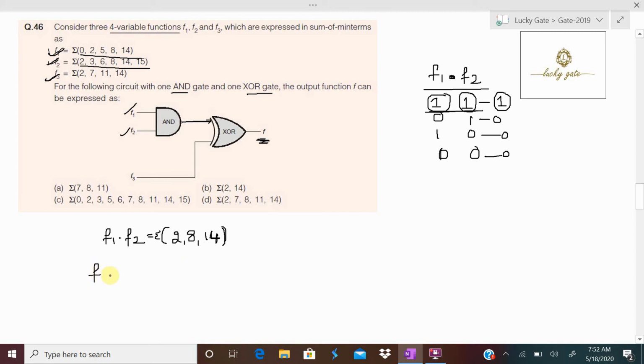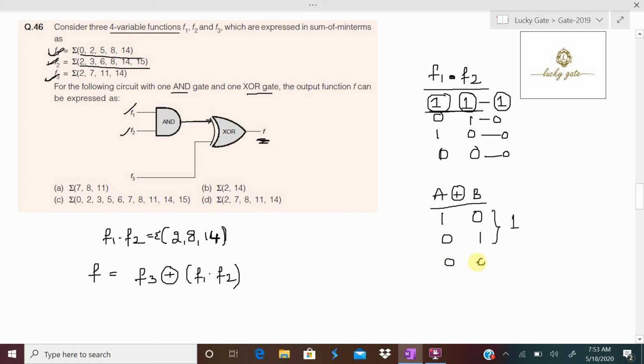Now what is the output function? F equal to f3 XOR f1 dot f2. Now observe the XOR function, say A XOR B. Exclusive OR gives output 1 if it is 1 0 or 0 1, then only it is going to give the output 1.